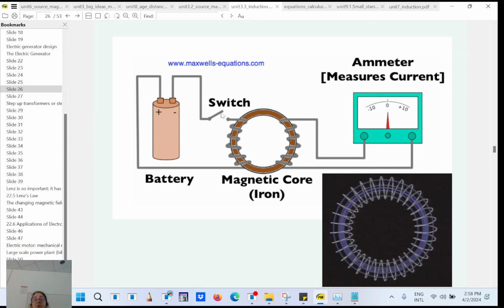He's the one who understood, about 11 years after Oersted's experiment, how to produce electricity using magnetism. Smart, right? He was very good at doing experiments. That's how he did it.